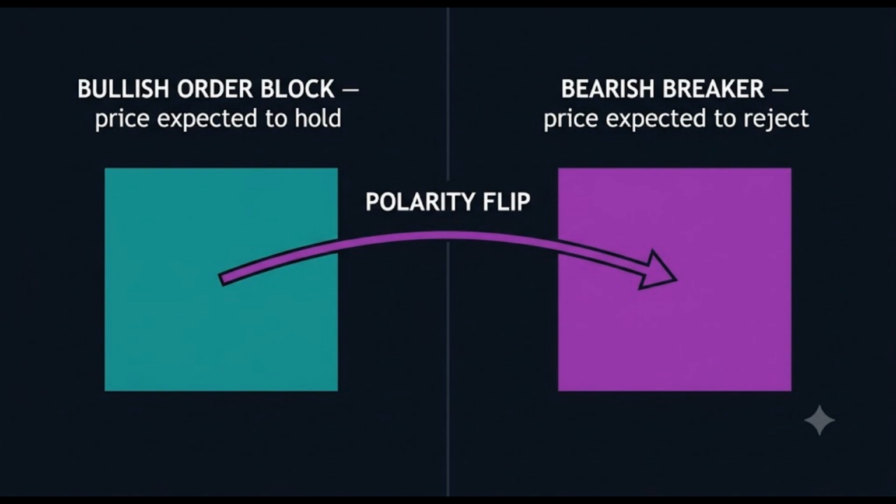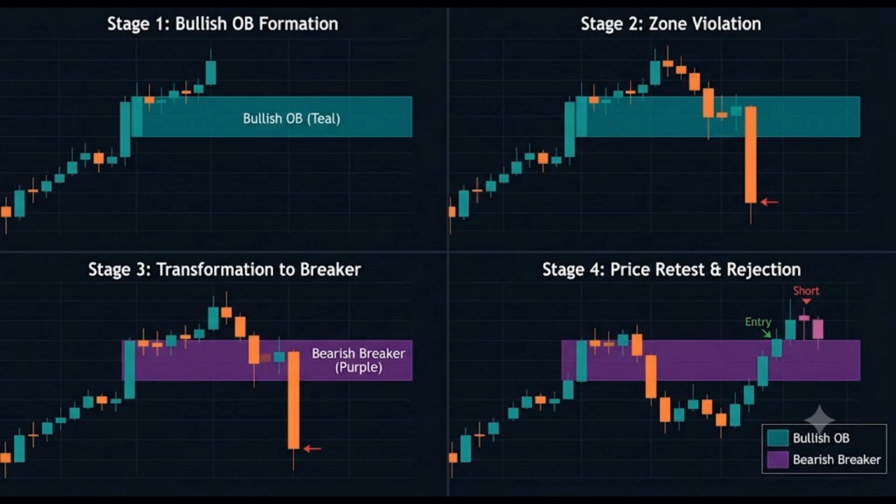It now acts as a supply zone, resistance rather than support. A bearish order block, where you expected price to reject lower, becomes a bullish breaker when it is broken. It now acts as a demand zone. The zone location is the same. The polarity has reversed.